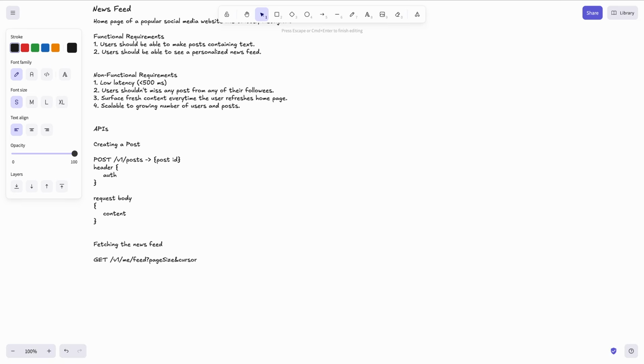So the response from this API could be a JSON object containing a list of posts.